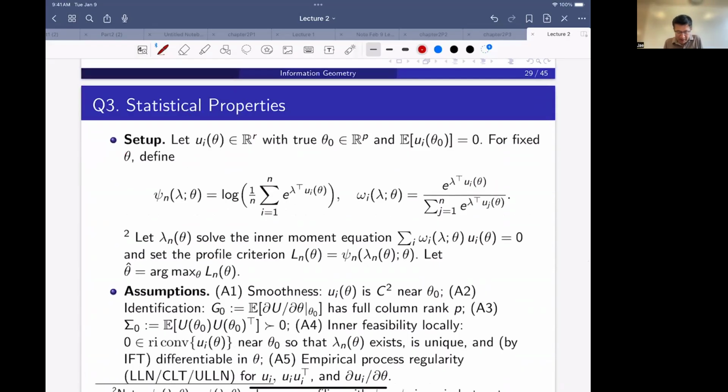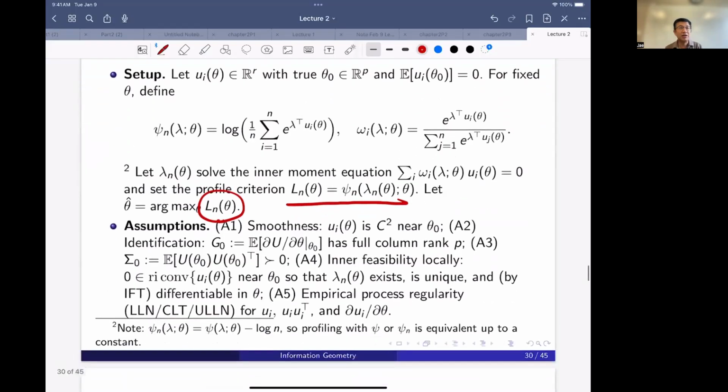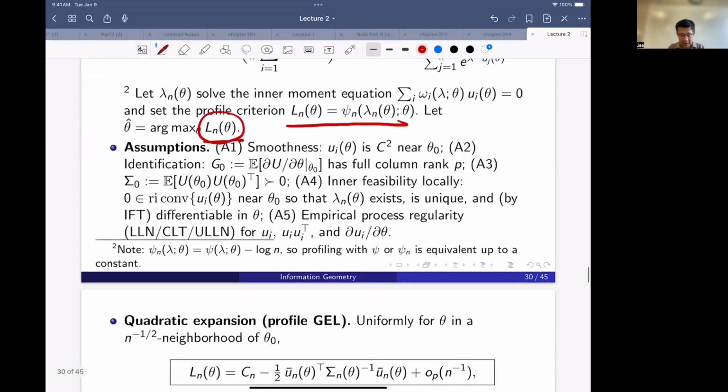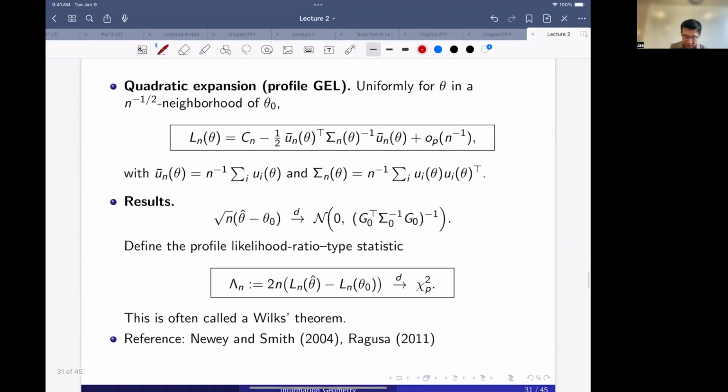Basically the bottom line is you can construct some kind of likelihood, although it is not really a parametric approach, but surprisingly, you can eventually construct some kind of objective function that has properties very similar to the likelihood ratio statistic.